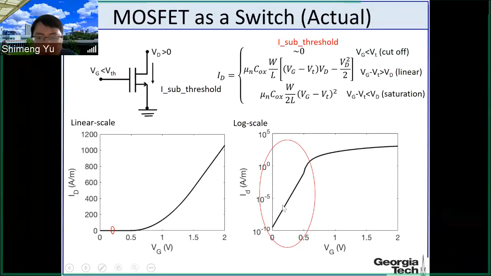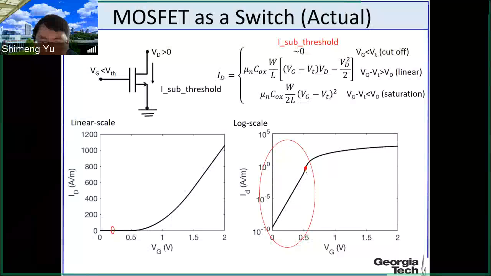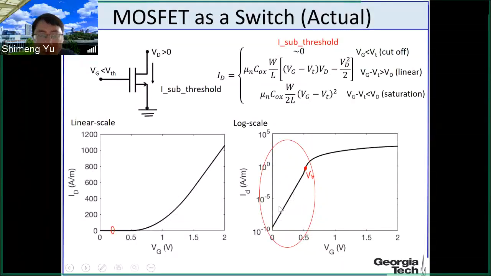It's a very small number, but it's non-zero. So here the point is that below the threshold voltage, like 0.5 volts, the current is non-zero. You still have some current, but it's very small. This is called the subthreshold current.